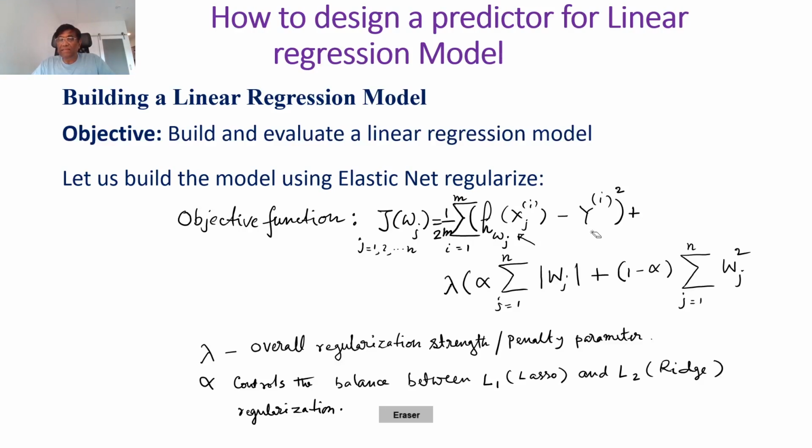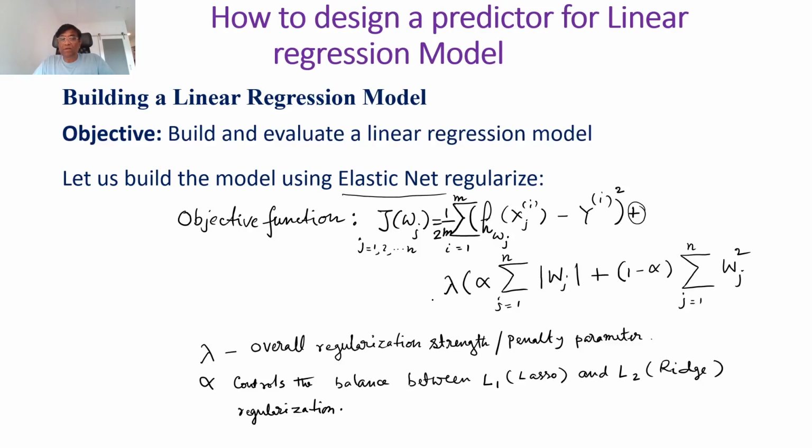Since you will run the gradient descent algorithm, you can always put a 2 so that the derivative will simplify the evaluation process. And then you have added a regularizer term, the elastic net regularizer. You see what it is.